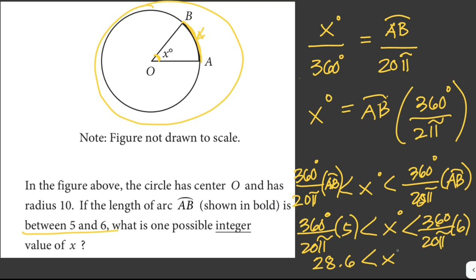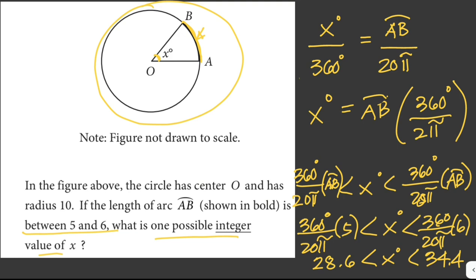By calculating this, one would give us approximately 28.6, and the other one is approximately 34.4. Therefore, the value of x here, the central angle, is between 28.6 and 34.4, and it says one possible integer, so it doesn't include the decimal places.